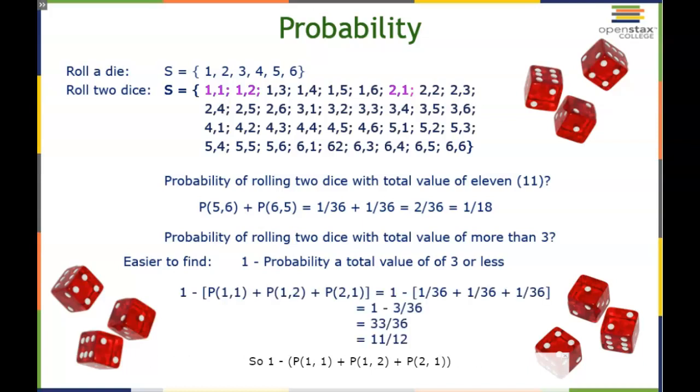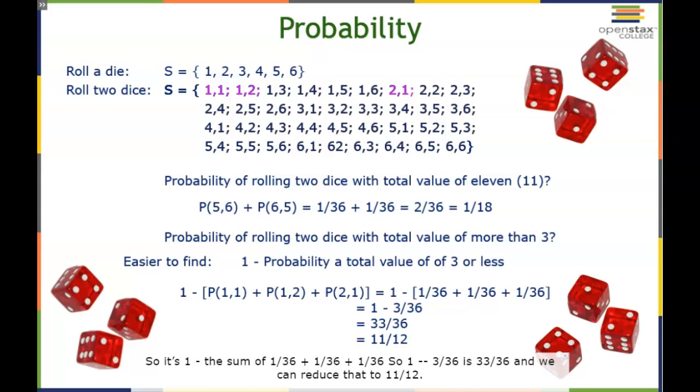So 1 minus P(1,1) plus P(1,2) plus P(2,1). So it's 1 minus the sum of 1 over 36 plus 1 over 36 plus 1 over 36. So 1 minus 3 over 36 is 33/36, and we can reduce that to 11/12.